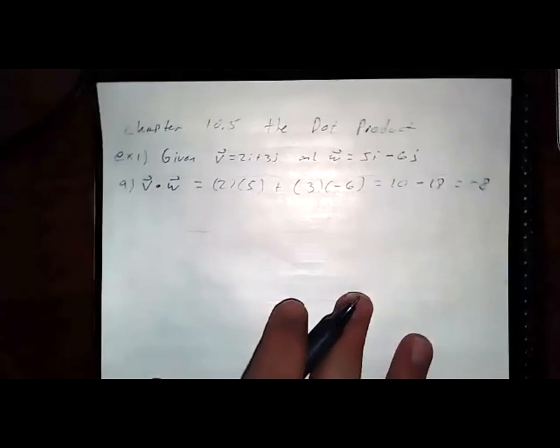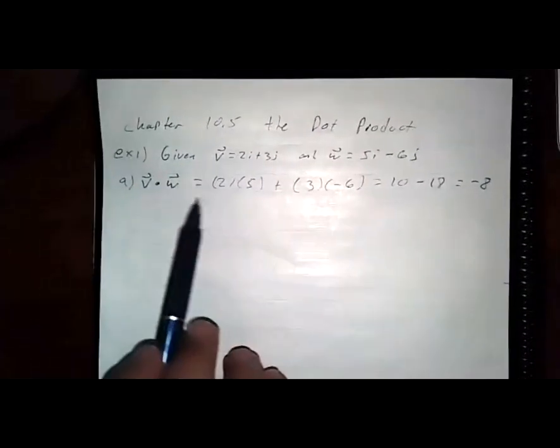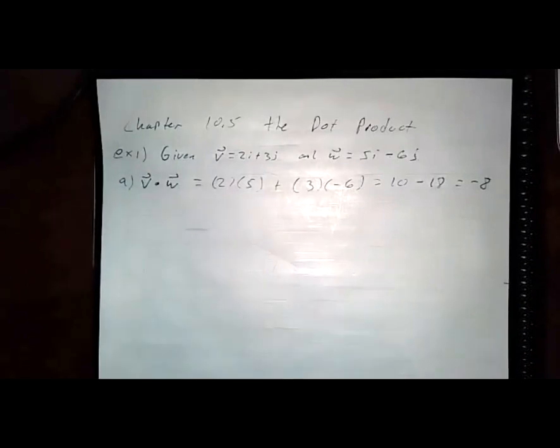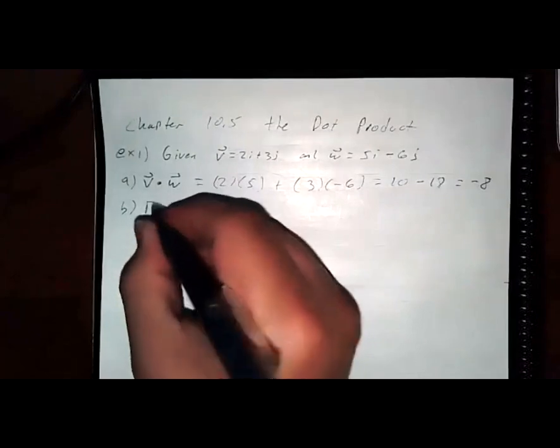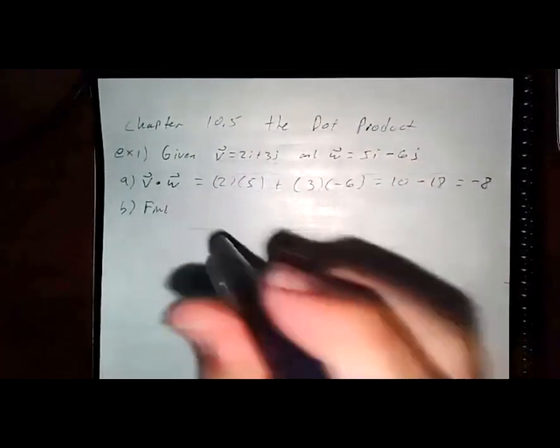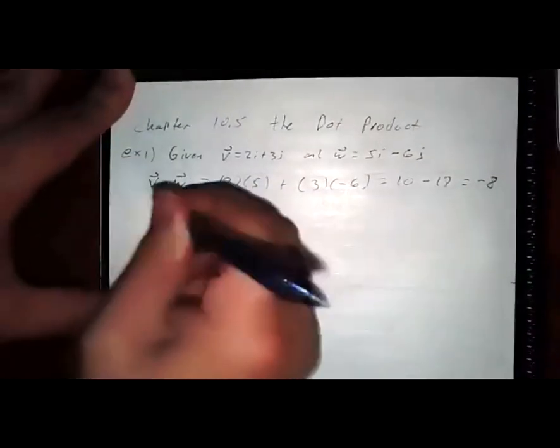Okay, so once you have that, the first few questions will just ask you to dot product a couple of vectors. For part B, find. Well, you know what? Let's just start a new example, so you could see how this next part works.